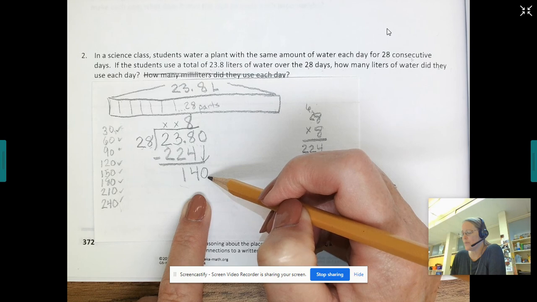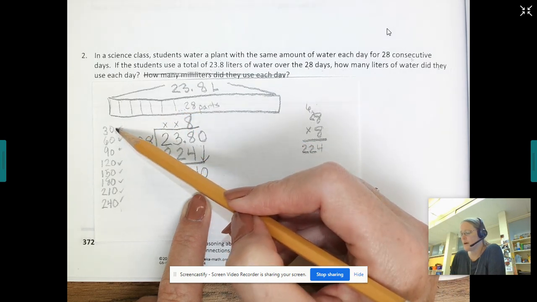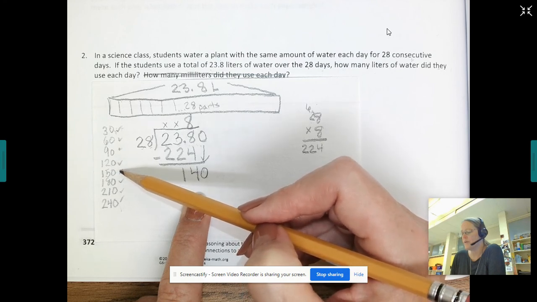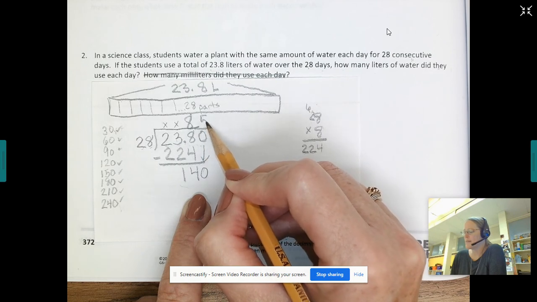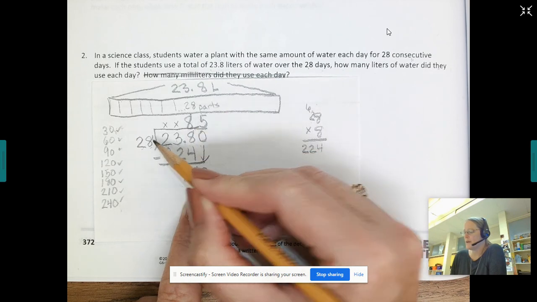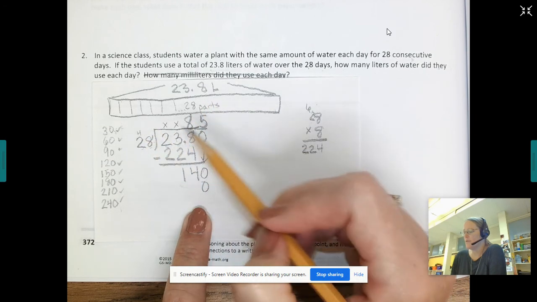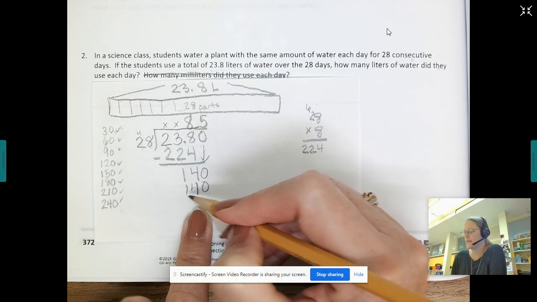So I know that 30 times 5 is 150. Yep, I think that's going to be the ticket. 5 times 8 is 40. Put down the 0, carry the 4. 5 times 2 is 10, and 4 more is 14.